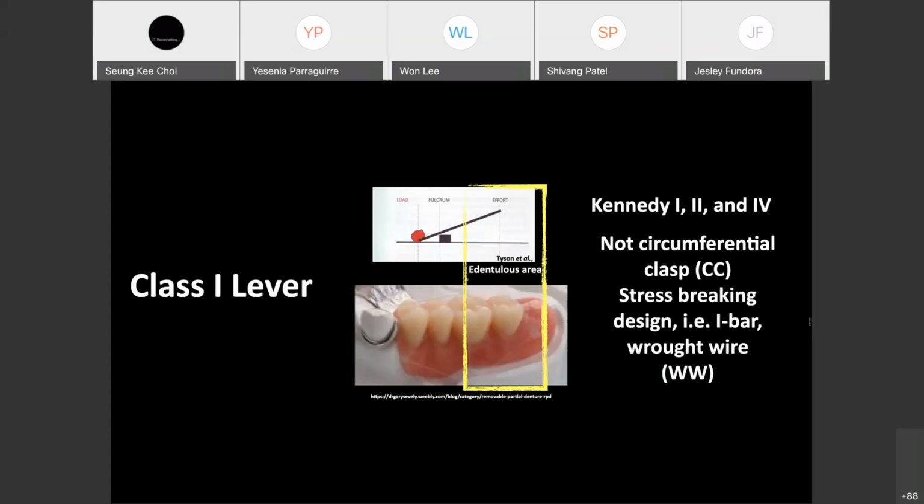It's I-bar at the top if I can use it, or Rottweiler. Obviously, if I can do I-bar or RPI design, where I have the I-bar in the mid-facial or mid-buccal of the tooth, mesial occlusal rest, plate on the distal, that would be ideal.